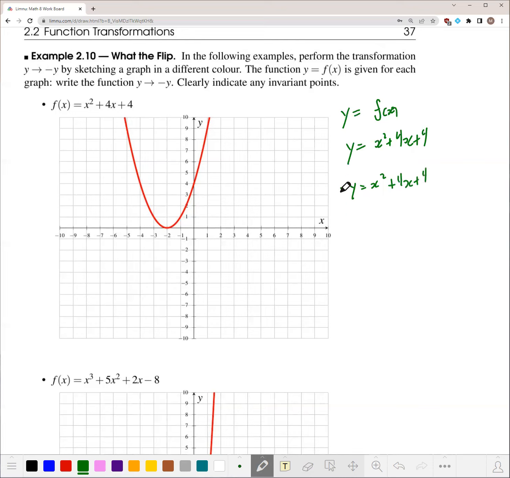And to get rid of this negative 1, let's divide negative 1 off of both sides. This will become positive because we want to graph y in relation to y, not negative y. And then we just have this negative 1 applying to everything. So you get negative 1 x squared, so just negative x squared, negative 4x, and negative 4. So it ends up being negative x squared minus 4x minus 4.